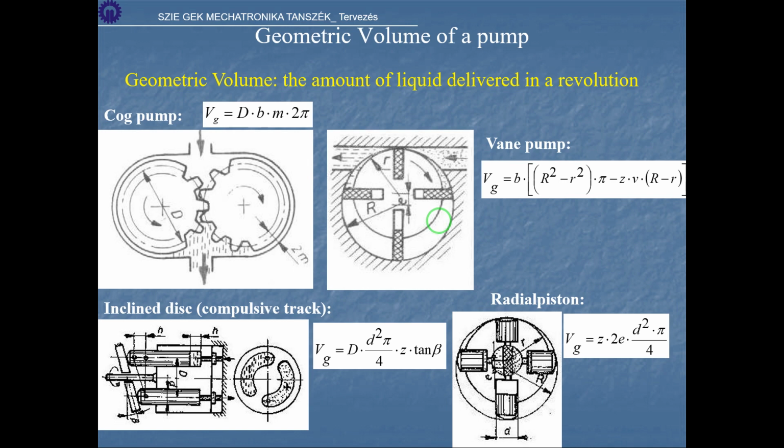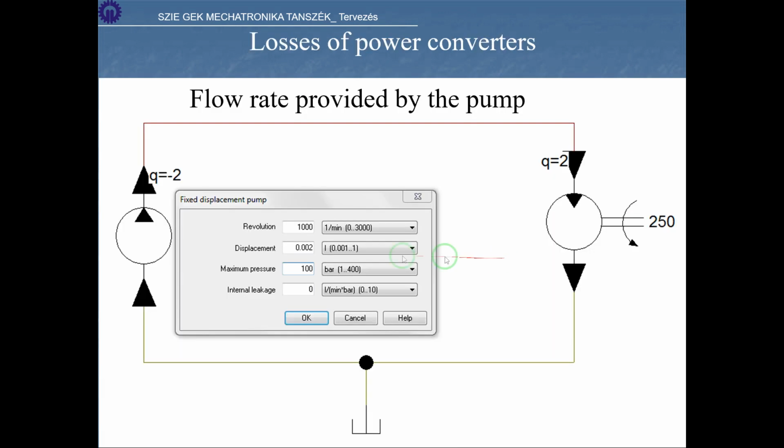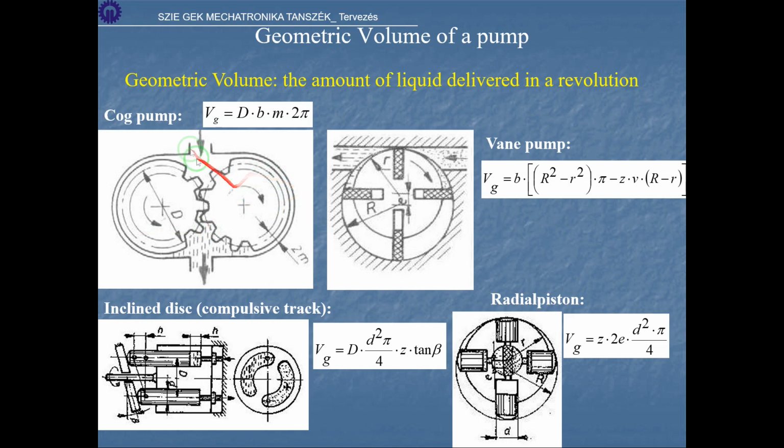We have to use pumps, and we can use a bunch of pumps which are all drawn with the same symbol here. So we can use cog pumps, which basically use cogs to transfer fluids, and the fluid will be transferred here and here in these little indents of the cogs.